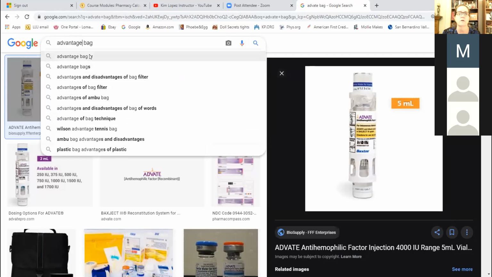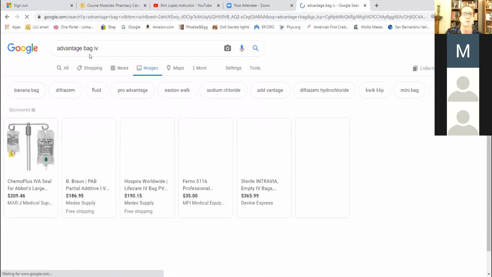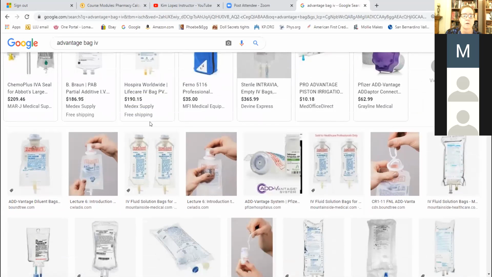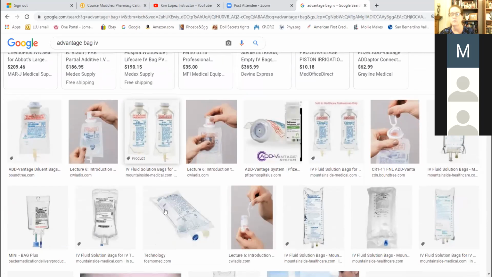Advantage bag IV. Okay, this should do it. No, that's still not showing me what I wanted to see. So, all right, let me go back to here.